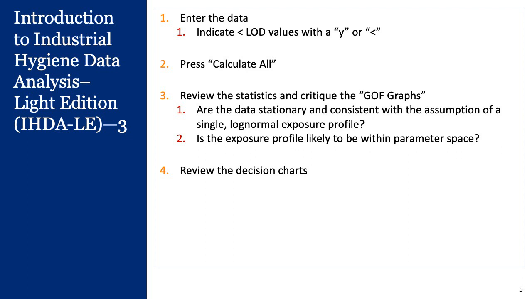So you press the Calculate All button, and you can review the traditional statistics first and look at the goodness of fit or GOF graphs and make sure that the assumptions that are built into this software are met, meaning the data are stationary and consistent with the assumption of a single mode log normal exposure distribution, and also whether the exposure profile is likely to be within the parameter space, and then look at the decision charts.